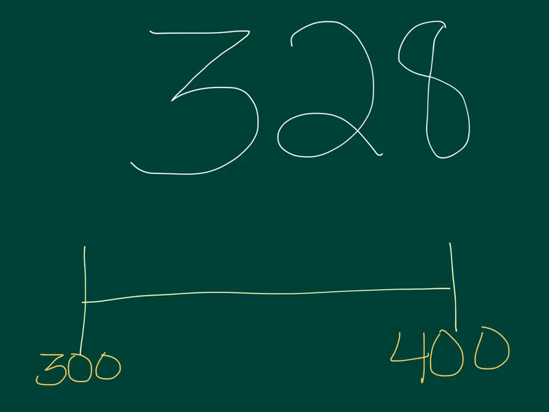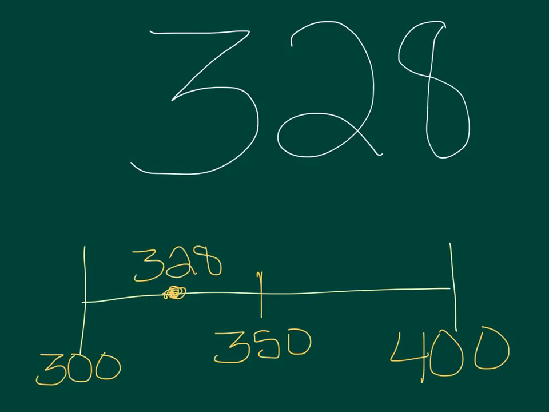Then I need to think to myself, what comes in the middle of my number line? And that would be 350, because 50 is halfway between each 100. Now I have to think about, where would 328 be on my number line? And if I were to mark my number line, I would find that 328 goes about right here.